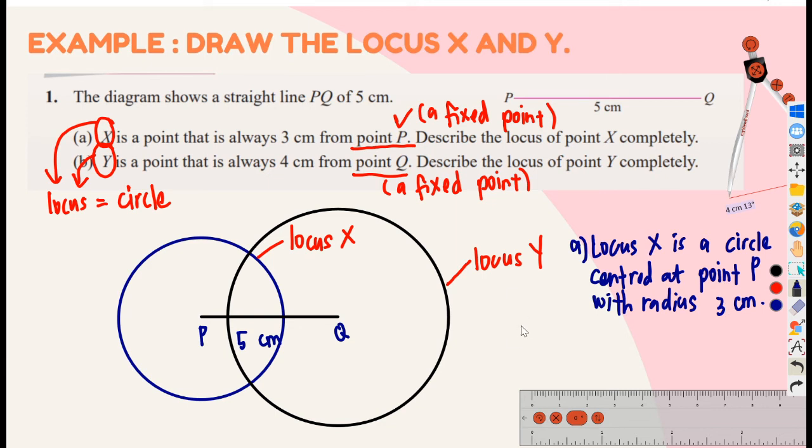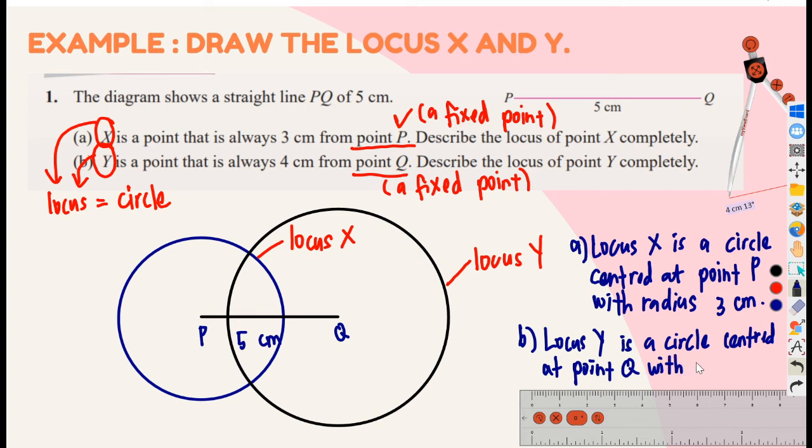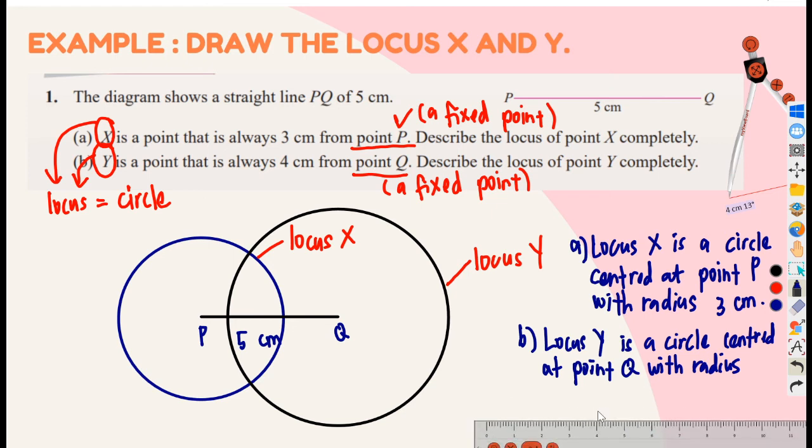And the second one, for locus Y: locus Y is a circle centered at point Q with radius 4 cm.